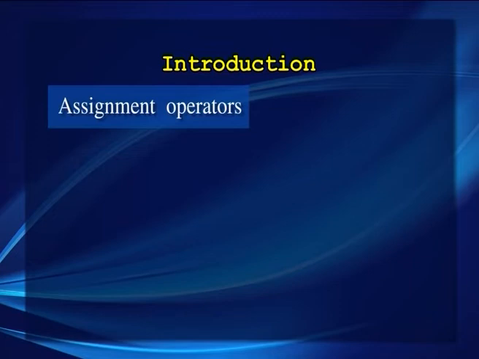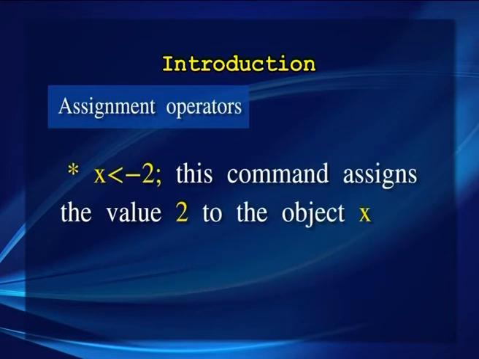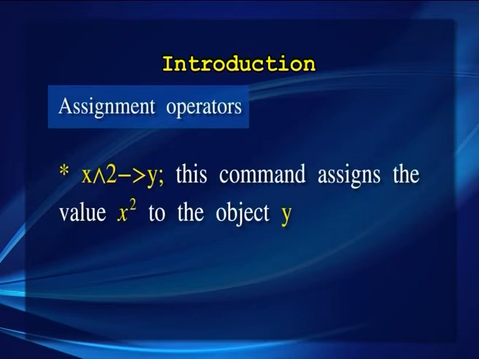Assignment operators. R uses the assignment operator less than and hyphen to assign from right to left for the data object, or hyphen greater than symbol to assign from left to right. Example, x <- 2. This command assigns the value 2 to the object x, and x^2 -> y.